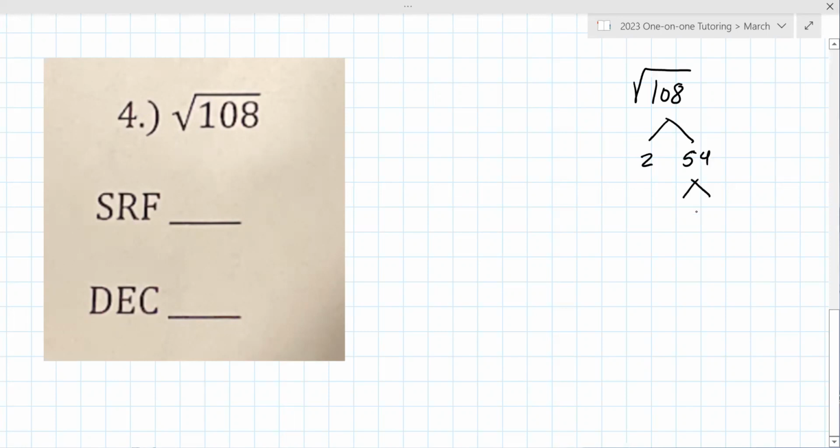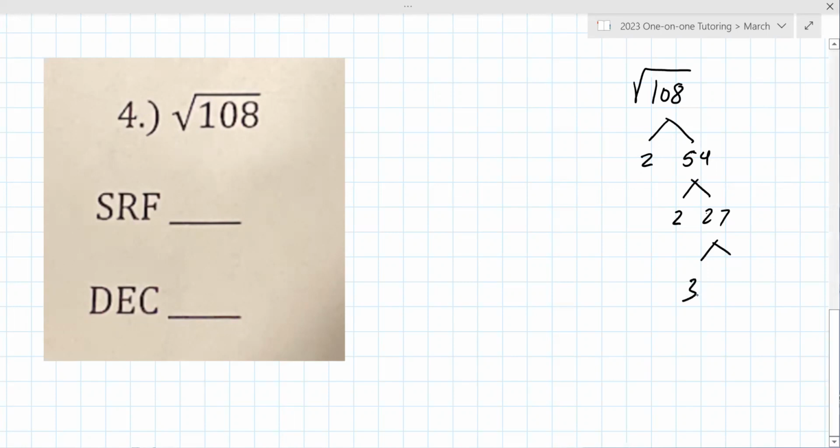So try 2 again. Does 2 go into 54? 27. Okay. Does 2 go into 27? No, it does not. How about 3?